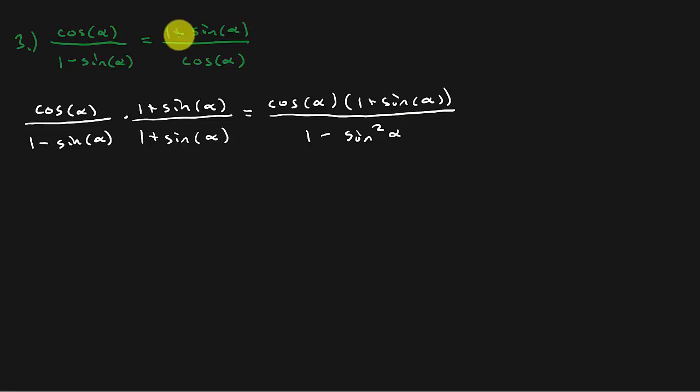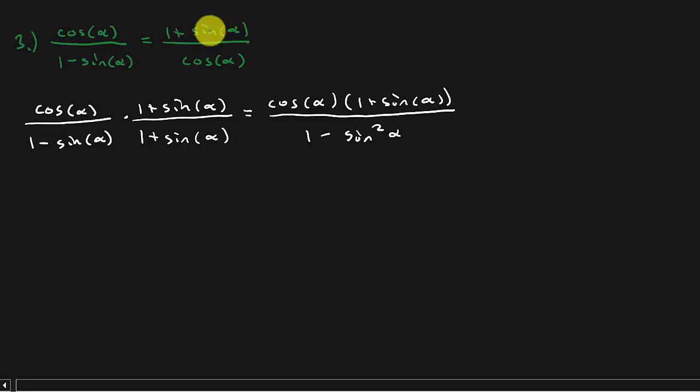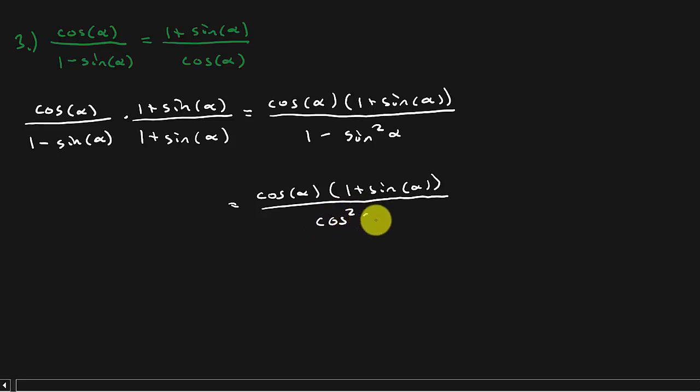I'm trying to get the 1 plus sine alpha up here, which, okay, I have that. That's good. And I need cosine in the denominator. So how about we rewrite this 1 minus sine squared as cosine squared? So that's cosine alpha times 1 plus sine alpha over cosine squared alpha.